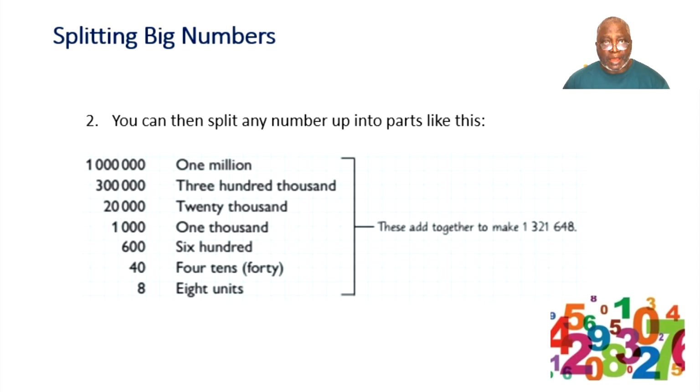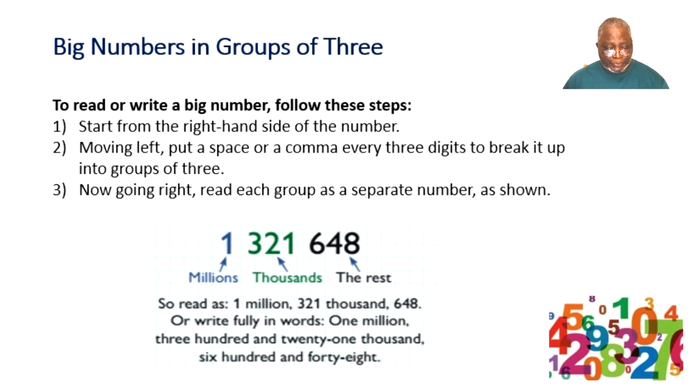Obviously, you have to add these numbers together, and you will have the total of 1,321,648. And this is how you write it. If you look at the bottom there, it reads 1,321,648. You need to be very careful. You cannot say it without the proper grouping. It doesn't sound right.